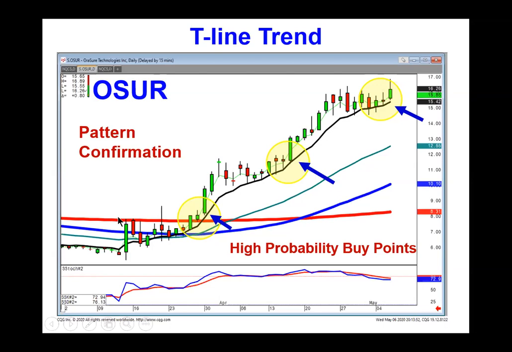Well, if you took profits in here, you could be buying back here because you could see that it held the T line and your next pattern is starting to the upside. If you took profits here, there's your bearish engulfing signal. Is it going to head back this way? We don't know. But notice what happened. They still held the T line and then they came back up through this level.